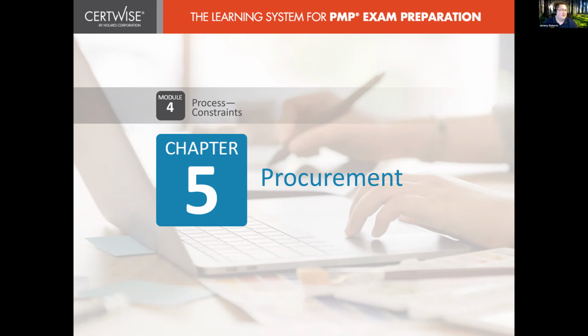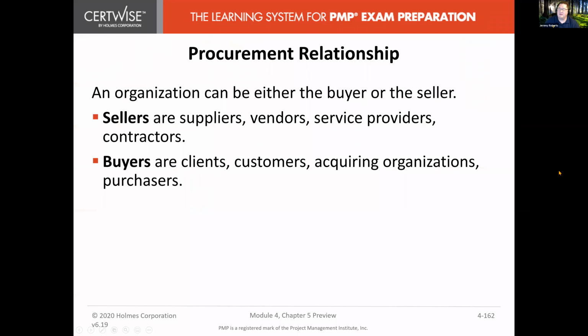Okay. So procurement's kind of basic, where there's just two sides really. There's the sellers and the buyers. So your organization, depending on what you're procuring, can be a buyer or a seller. Sellers are generally called suppliers, vendors, service providers, contractors.